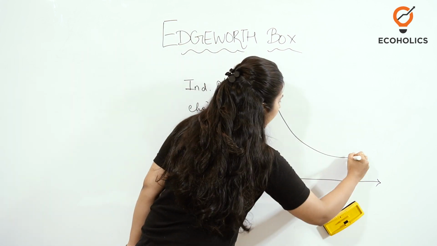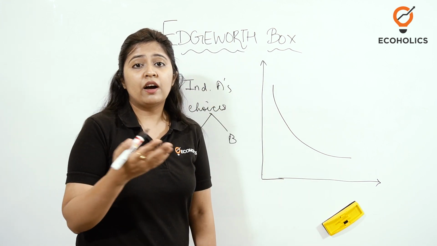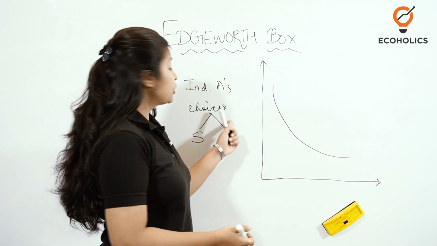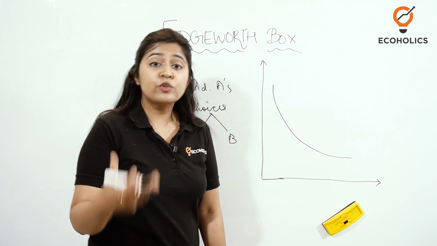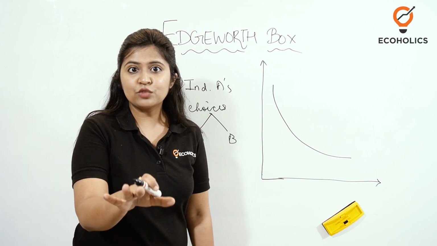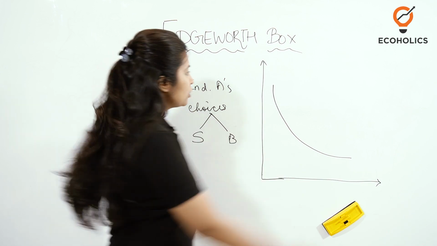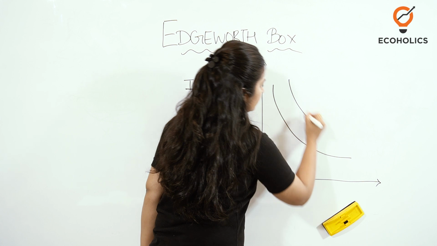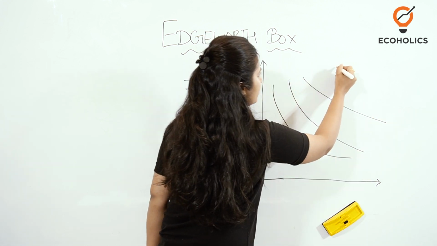An indifference curve is a combination of two goods, or all those points giving combinations of the two goods that an individual consumes, which give him or her an equal amount of satisfaction or utility along that particular curve. So this is the first indifference curve, this is the second, the third, and this is the fourth.